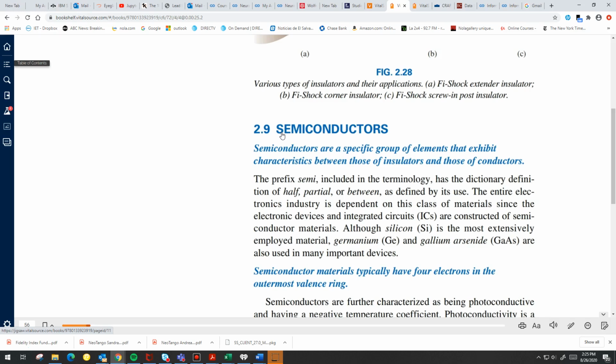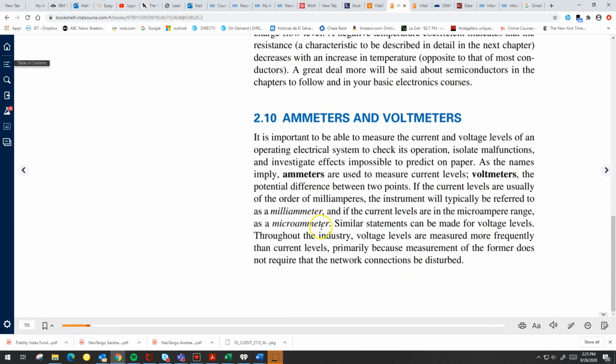These materials are called semiconductors because they can be good conductors at some times, and they can be good insulators at some times. You'll see why that's important later when you look into electronics. But for our purposes, we're just going to be looking at conductors and insulators, okay? Mainly conductors, understanding that conductors allow the flow of electrons, the flow of current, very easily.